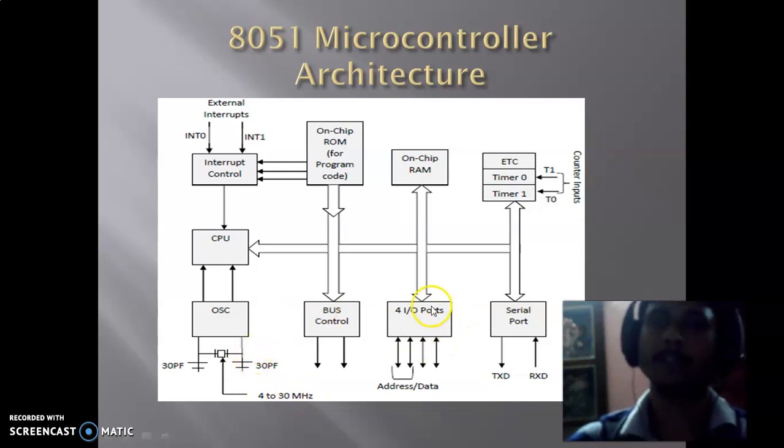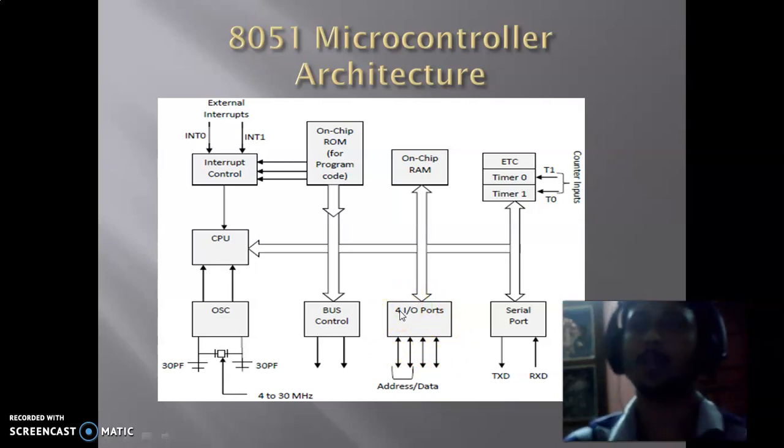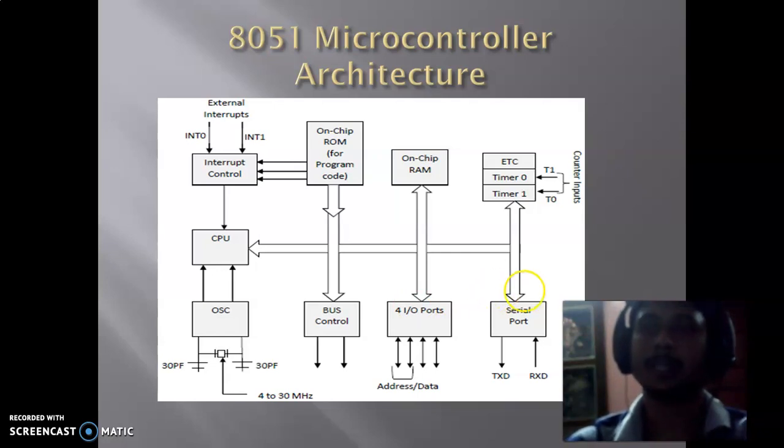Next, we have 4 parallel ports connected with the 8051 microcontroller, that is P0, P1, P2 and P3, by which different input output peripheral devices may be connected. These ports can be used as input as well as output, and they can also be used for addressing, as address bus as well as data bus.